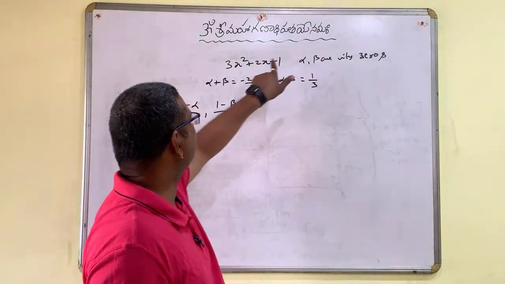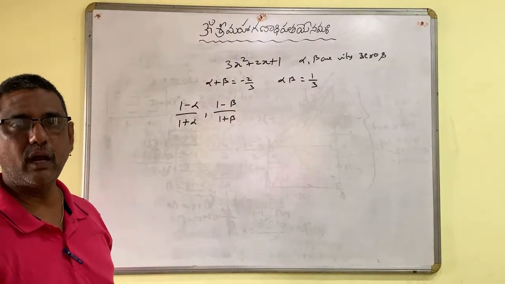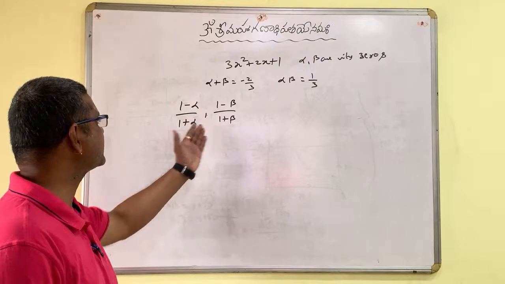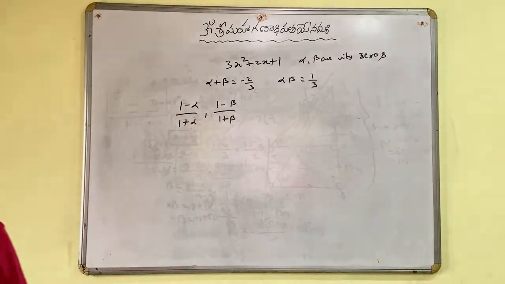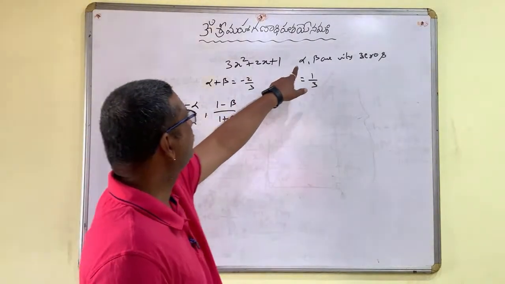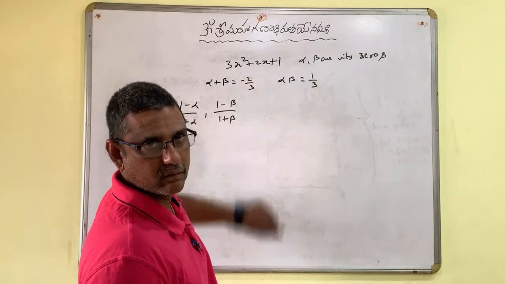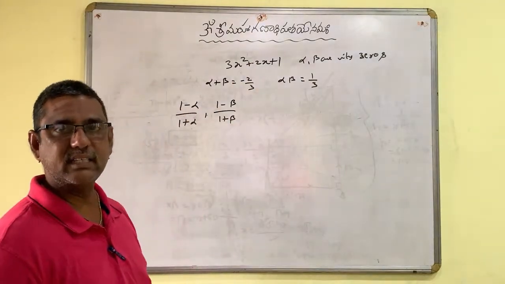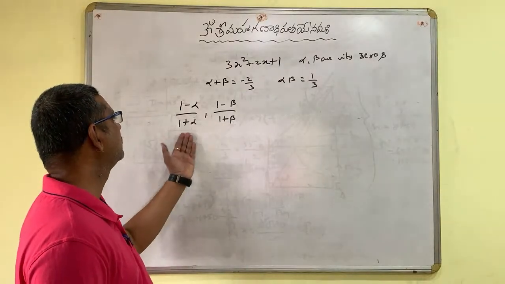These are the zeros of this polynomial. Now question is, what is the polynomial which is having these two as zeros? Alpha, beta are the zeros of the given polynomial.